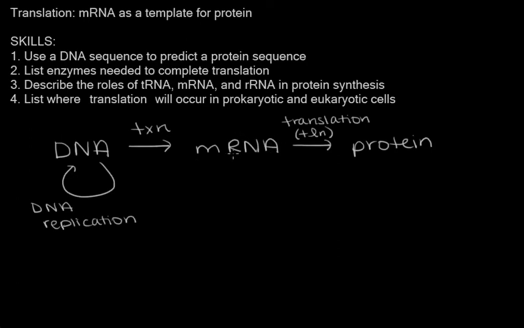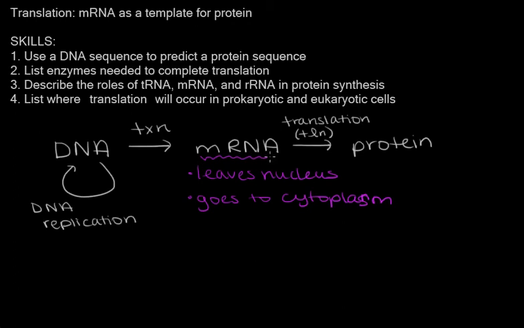mRNA then leaves the nucleus and then this goes into the cytoplasm, at least in eukaryotes. And in the cytoplasm, this can undergo the process of translation, in which mRNA is used as the template to make a protein product.